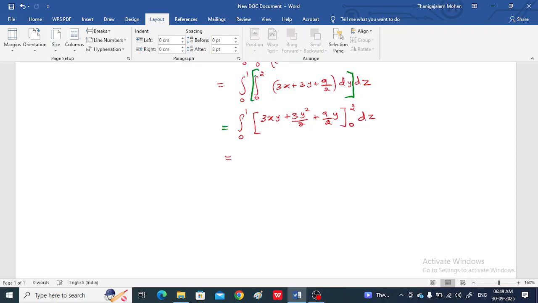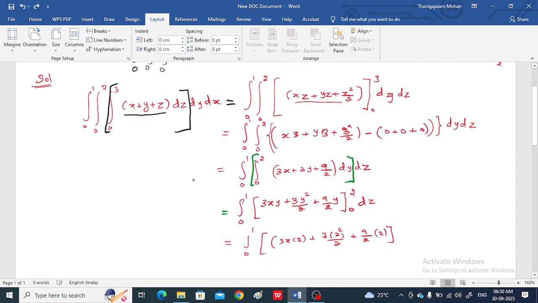Okay, substitute the limits 0 to 2. Substitute the upper limit. Instead of y, you will get 3x into 2 plus 3 into 2 square divided by 2 plus 9 by 2 into 2, minus the lower limit.